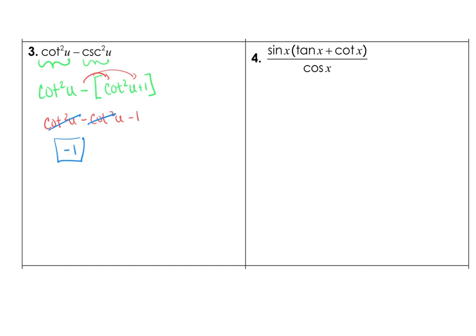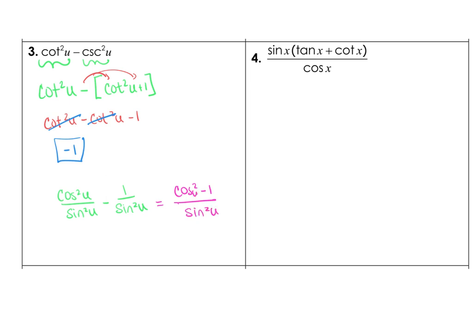If you immediately went to, well, let me change everything to sine and cosine, because that's what I'm more comfortable with, then cotangent squared would be cosine squared over sine squared, minus cosecant squared, which is 1 over sine squared. All right. I already have a common denominator. Cosine squared minus 1 over sine squared.